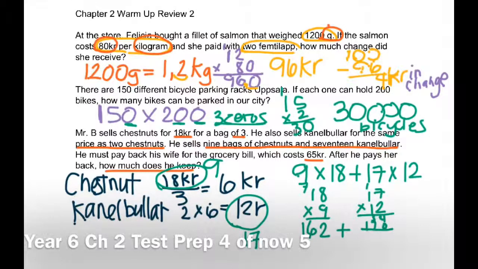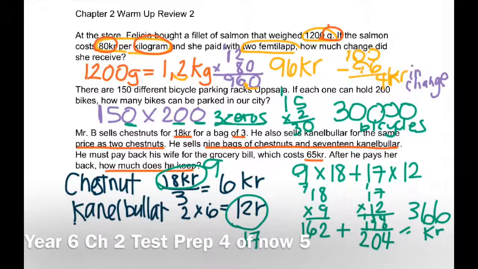So altogether that would be 204. So 162 plus 204. If we add those up, so 2 plus 4 is 6. 6 plus 0 is 6. 1 plus 2 is 3. So that's how much he made.